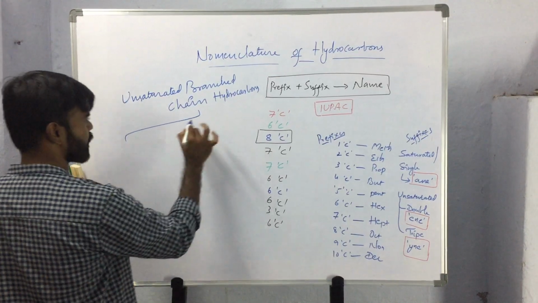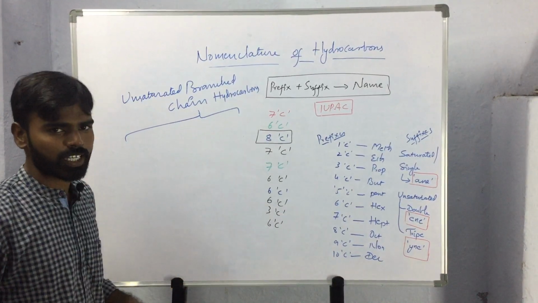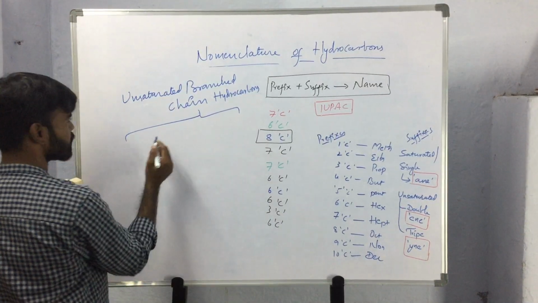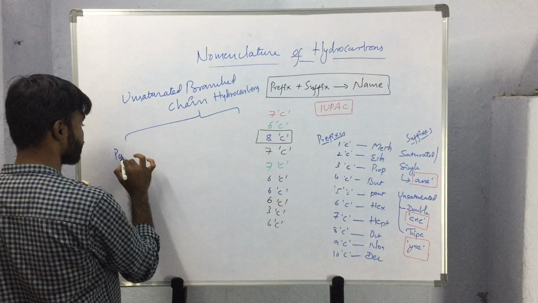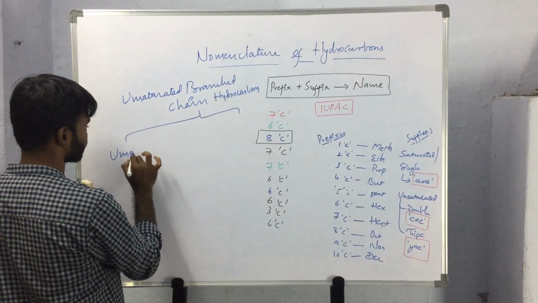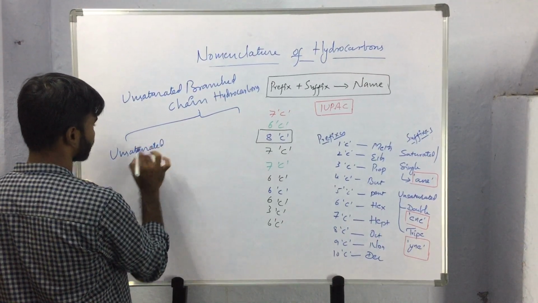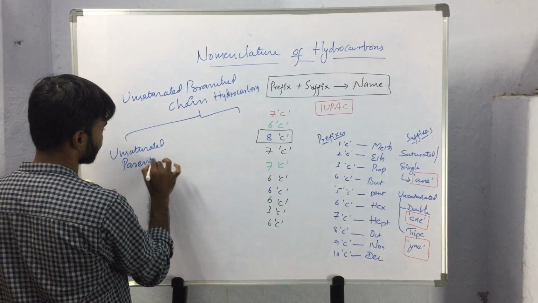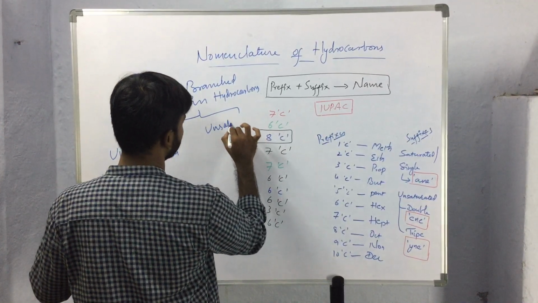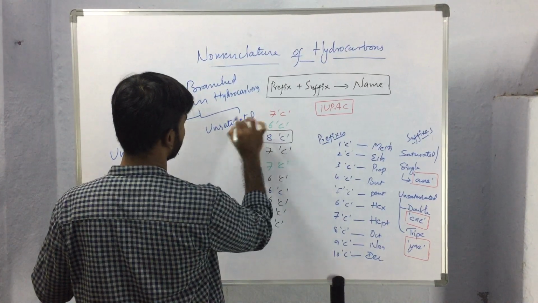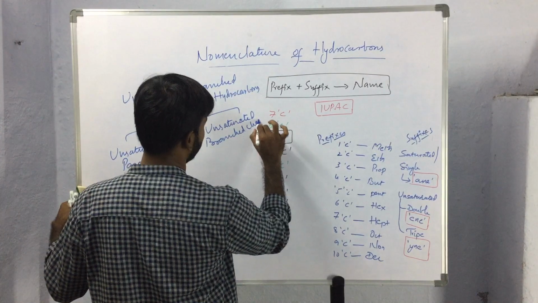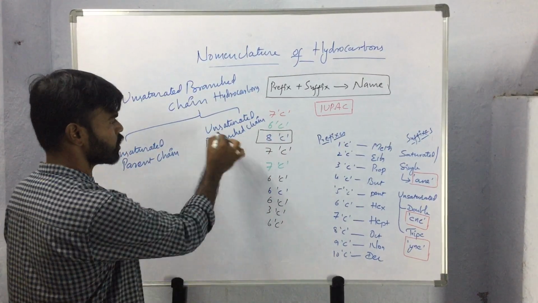They are of two types based upon the presence of unsaturation, whether this unsaturation is present on the parent chain or this unsaturation is present on the branched chain.